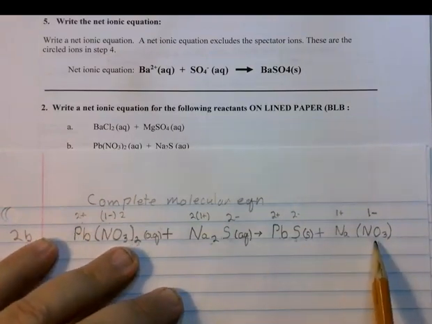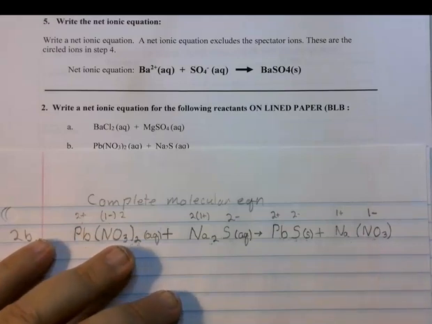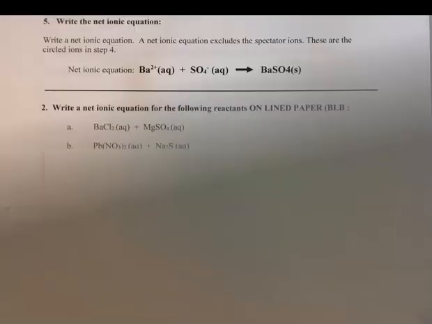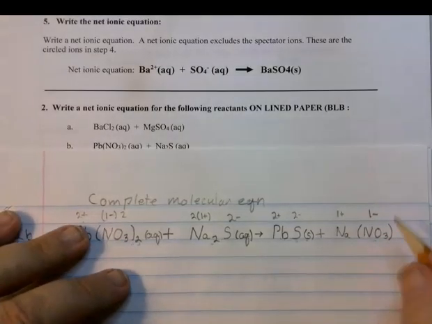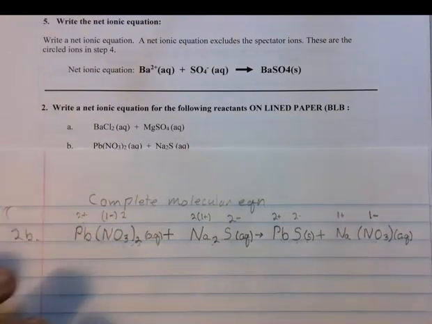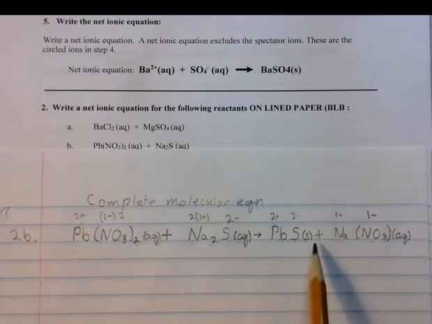And sodium nitrate, well, both sodium and nitrate are always soluble. You see them up here on the top row, both of them, sodium nitrate. So that's soluble, so that's going to stay aqueous. So those are never really going to form, they're not at all going to form together as a compound, these 2. But these 2 will. So you have an aqueous, a solid, and an aqueous.